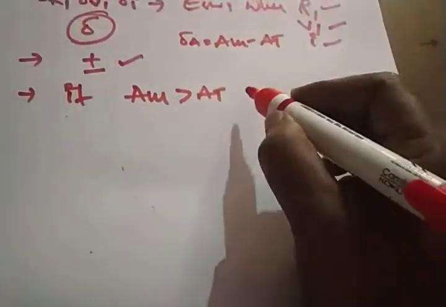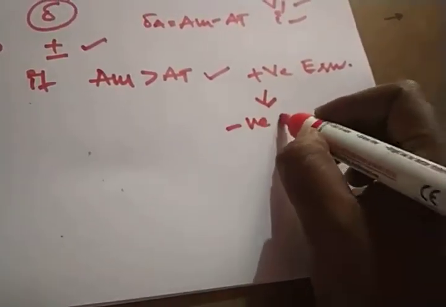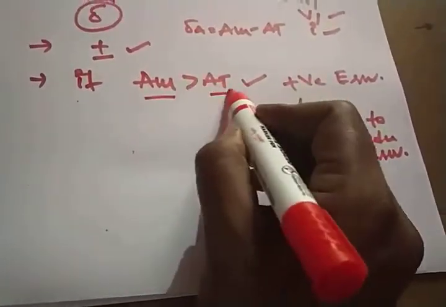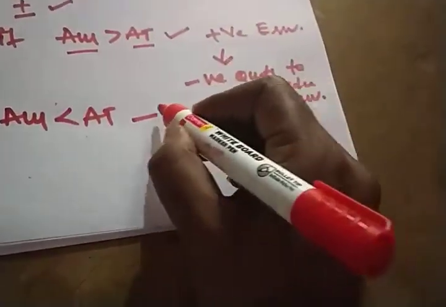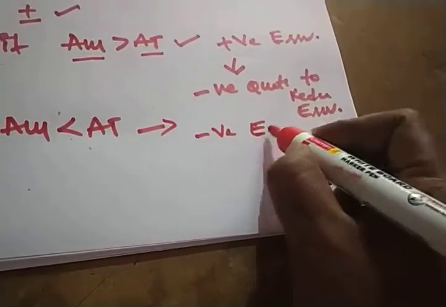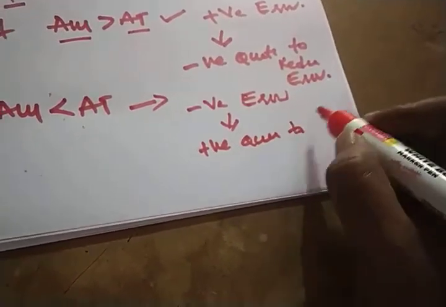If AM is greater than AT, this is called a positive error. To reduce that error, you should apply a negative quantity. If AM is less than AT, that is called a negative error. You should apply a positive quantity to reduce the error.